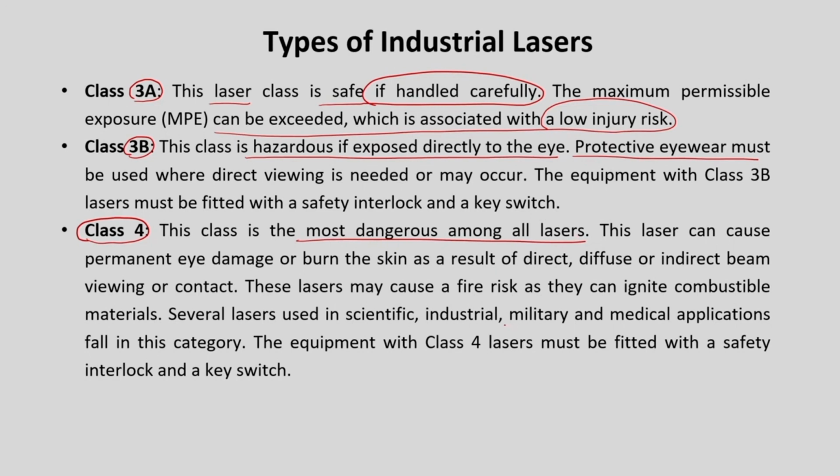These are used in military operations, in medical operations, scientific and industrial applications. We must be very careful when we are using class 4 lasers. There is a high amount of fire risk during utilization of these kinds of lasers. When we use these class 4 lasers, the system should have a safety interlock and a key switch.